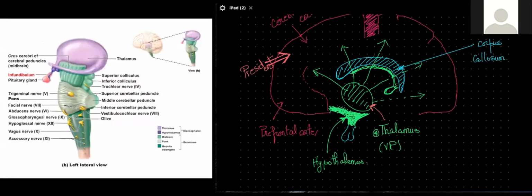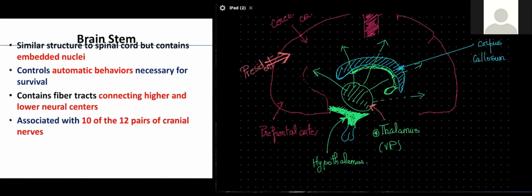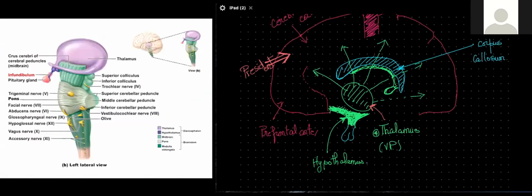Today we are starting our new topic, which is the brainstem. Brainstem has three main regions. Those are the midbrain that you see on here, and this bulging part is going to be the pons.